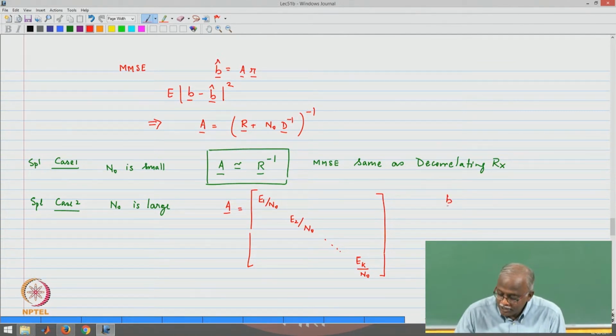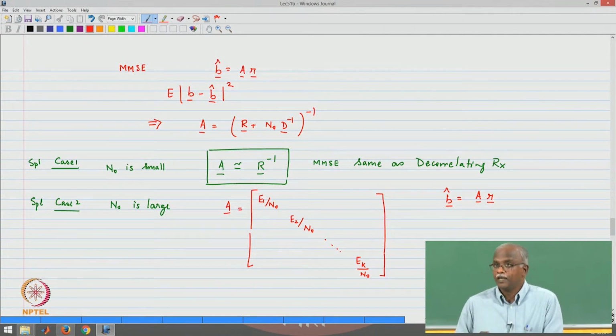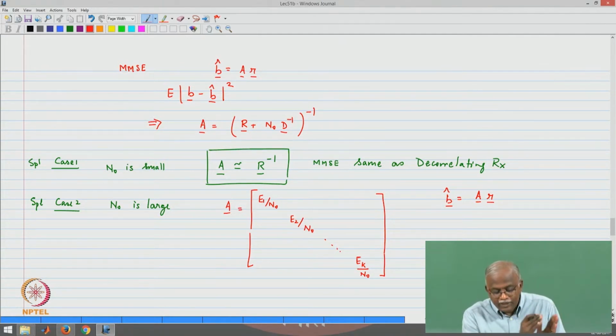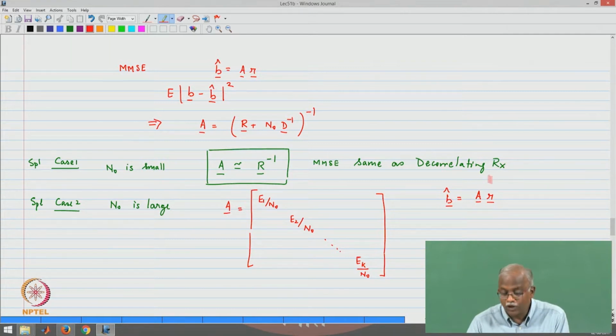Remember, our best estimate for the transmitted vector is B hat equal to A times R. So what the MMSE receiver is telling us is that when N naught is substantial, when a significant noise component is present, then the best that we can do is make a decision directly on the output of the correlators, because A is nothing but a diagonal scaling matrix.